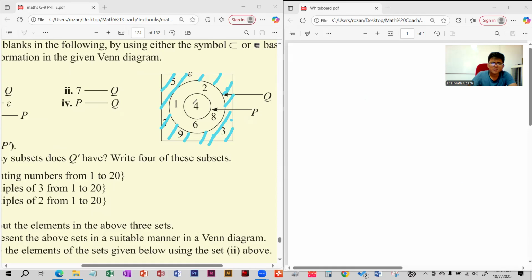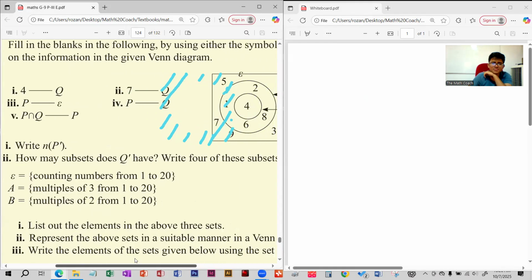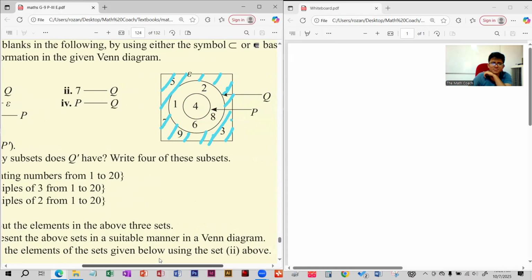Now, what are they asking? What subsets does Q complement have? Write four of these subsets. They're actually simply asking us what the elements inside the Q complement are.